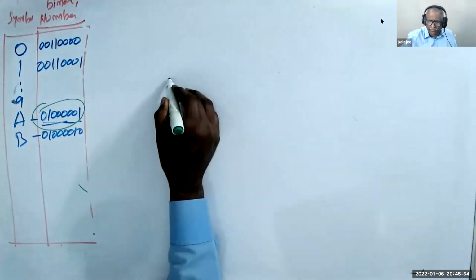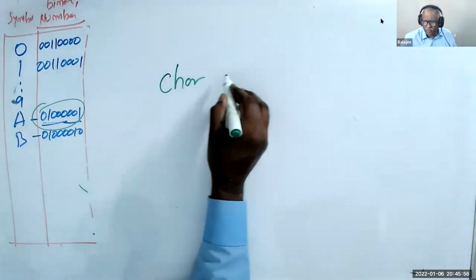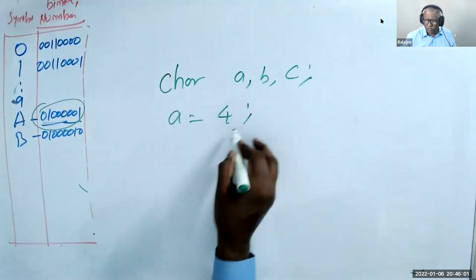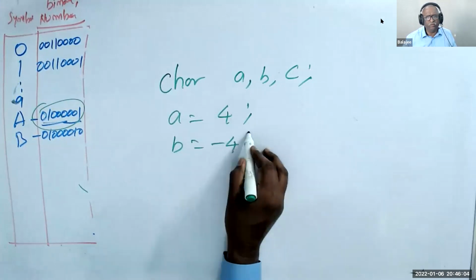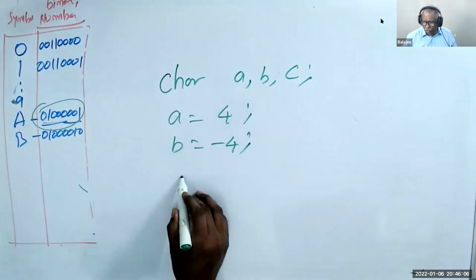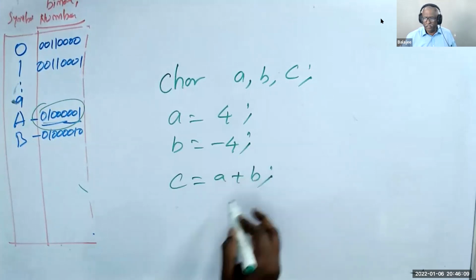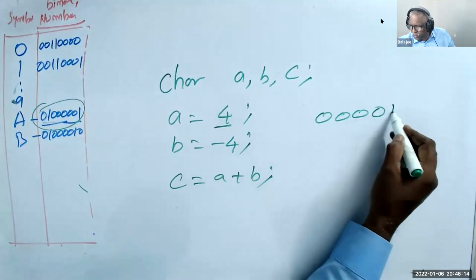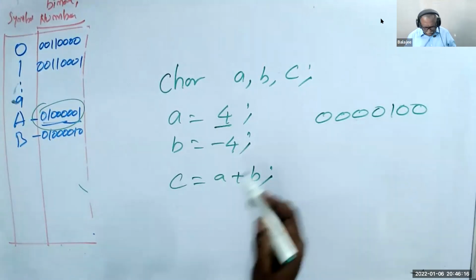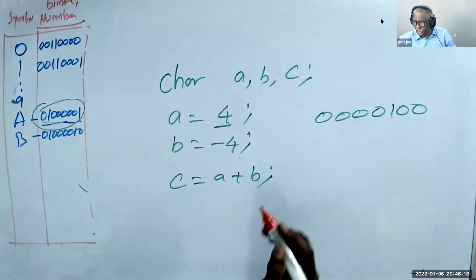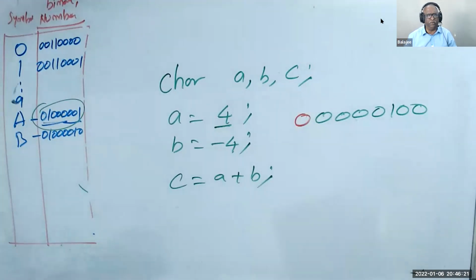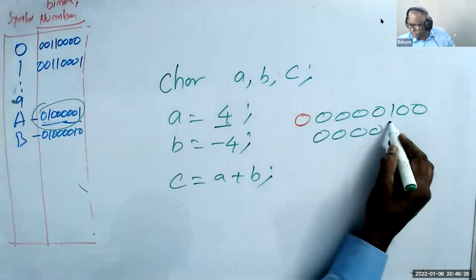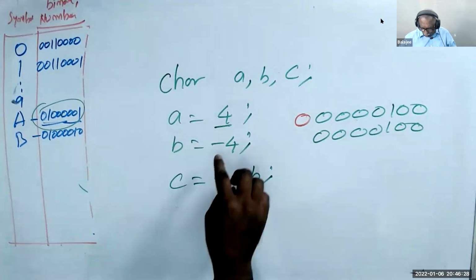Now, see here, CHAR A, B, and C. A equal to 4, B equal to minus 4, C is equal to A plus B. With the sign-bit method, 4 means 0, 0, 0, 0, 1, 0, 0 in 7 bits, and the sign bit is 0 because it's a positive number. Minus 4 is the same bits but the sign bit is 1.